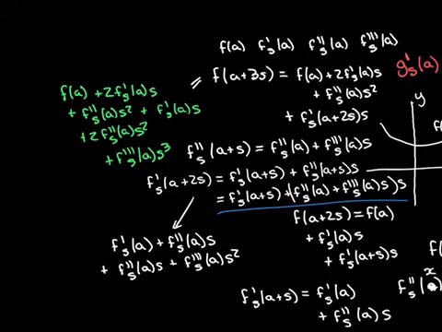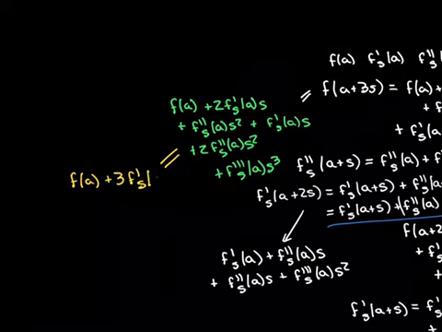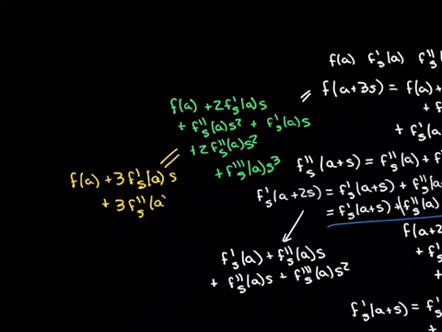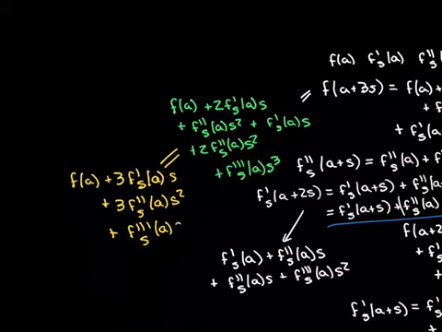In fact, that looks very nice. No, this has worked, yes, because look how lovely the numbers have all come. So the final thing in yellow here is going to be f at a plus 3 times the first derivative times s plus 3 lots of the second derivative times s squared plus, I'm very pleased with myself now, that's worked very nicely, the third derivative times s cubed.